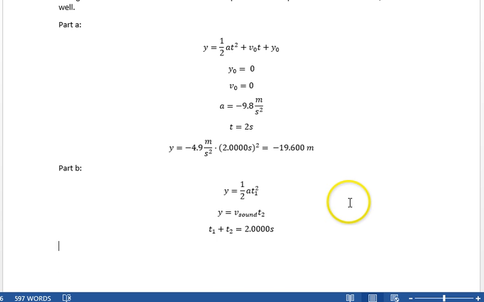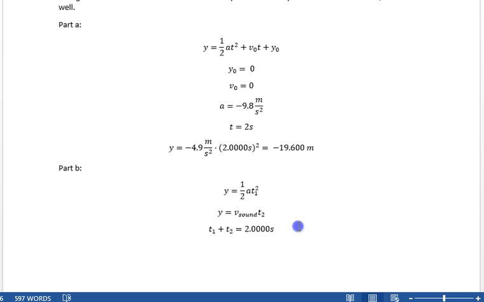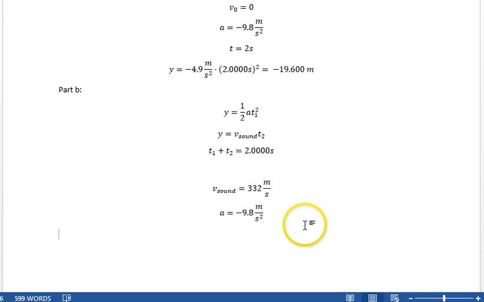The speed of sound is 332 meters per second, and we still have acceleration minus 9.8 meters per second squared.